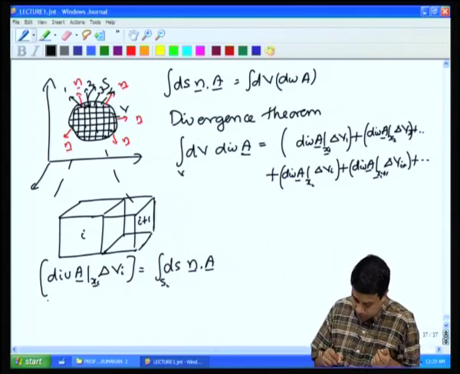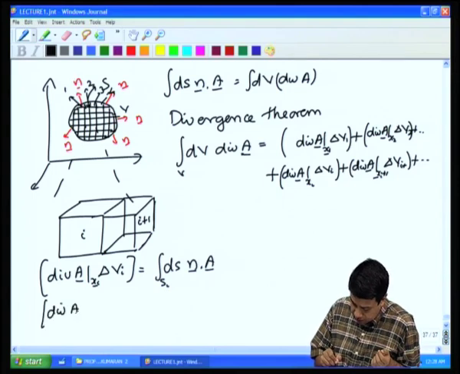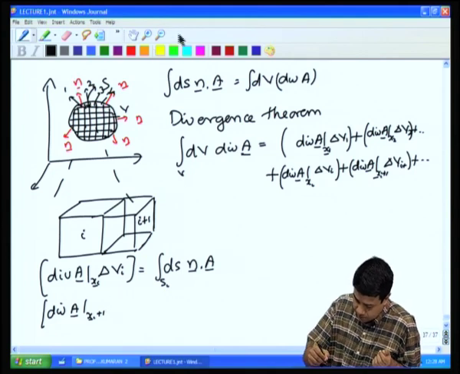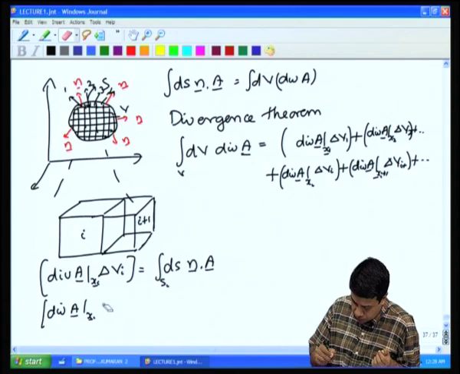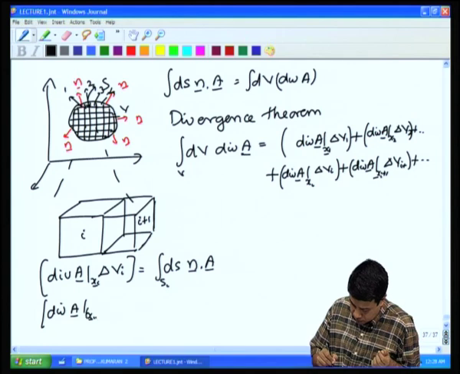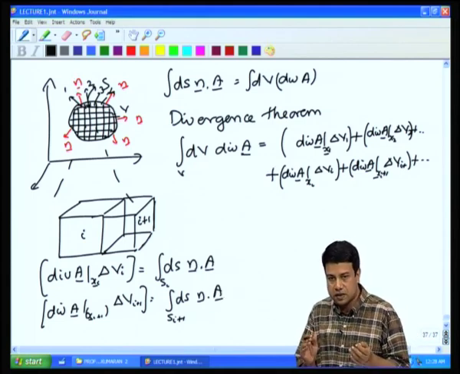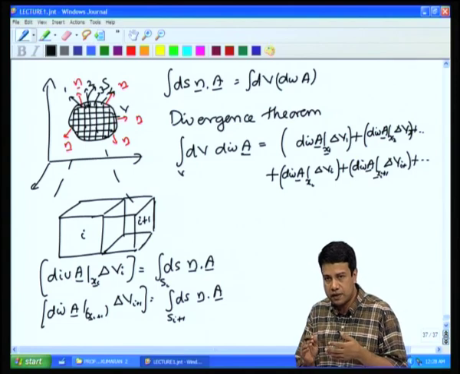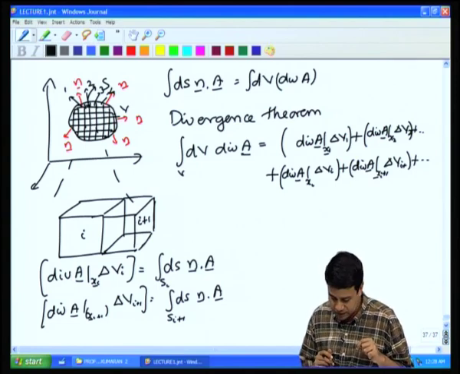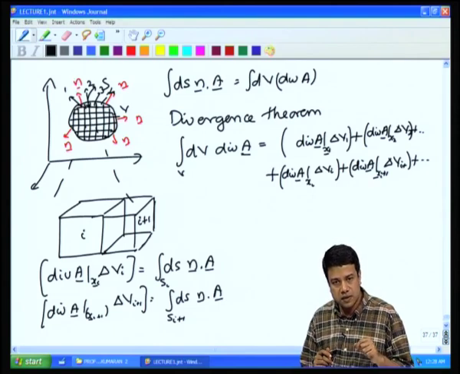For the adjacent volume, divergence of A at xi plus 1 times delta Vi plus 1 is equal to integral over the adjacent surface Si plus 1 of ds n dot A, where n is the outward unit normal, A is the vector at that particular location on that surface.